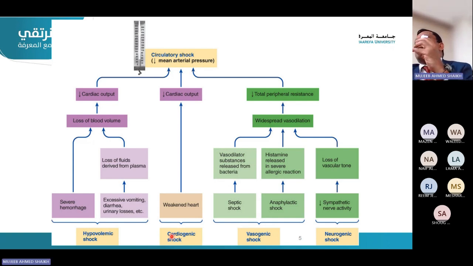It becomes fibrosed, and it will not create the same contraction force. If it is not able to pump the blood, cardiac failure, the cardiac output will not be the same. Cardiac output, which is at least 5 liters of blood, may become 2 or 3 liters. This could lead to decreased mean arterial pressure, decreased oxygen supply to the tissues, and hypoxia.